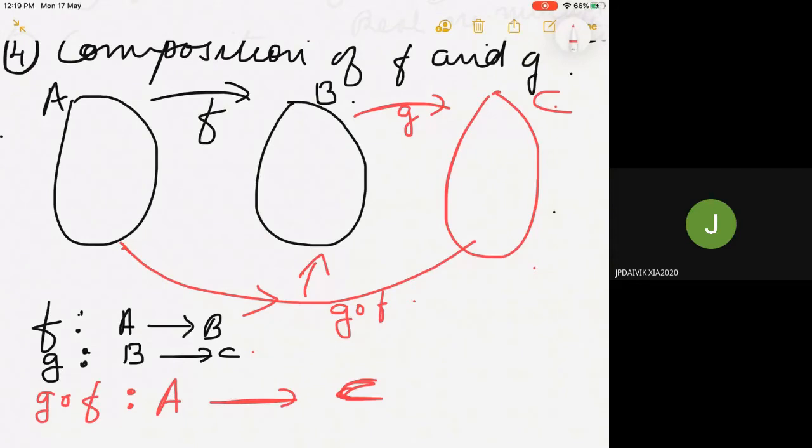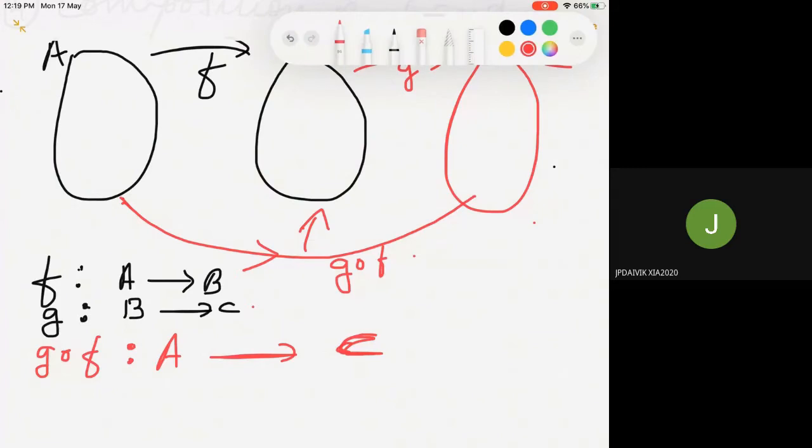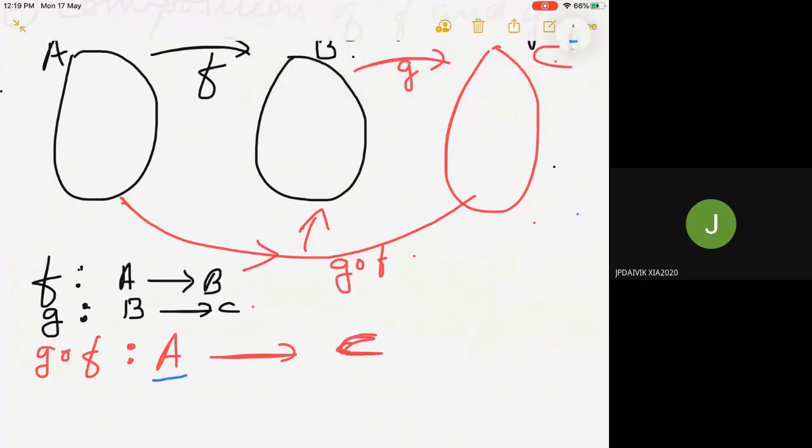The second part is: what will be the image of any element from the domain of g o f to the codomain C? Now you have to find the image. The domain of g o f is A, and the codomain of g o f is C. So while we talk about images, you take one element from here, suppose this is x.